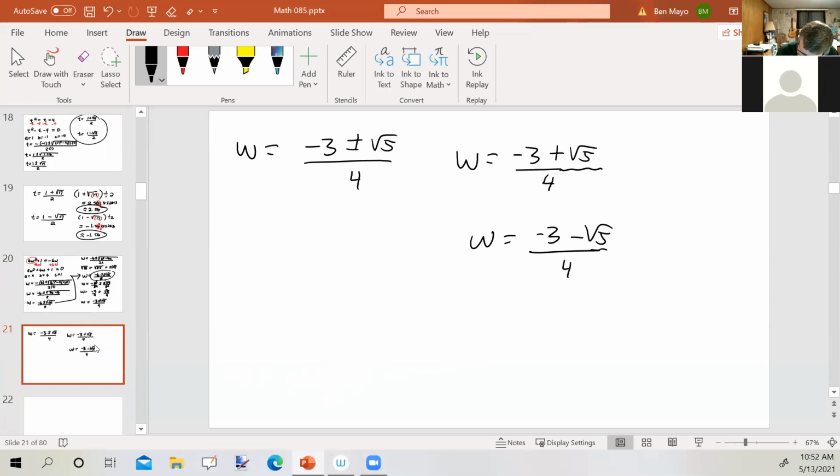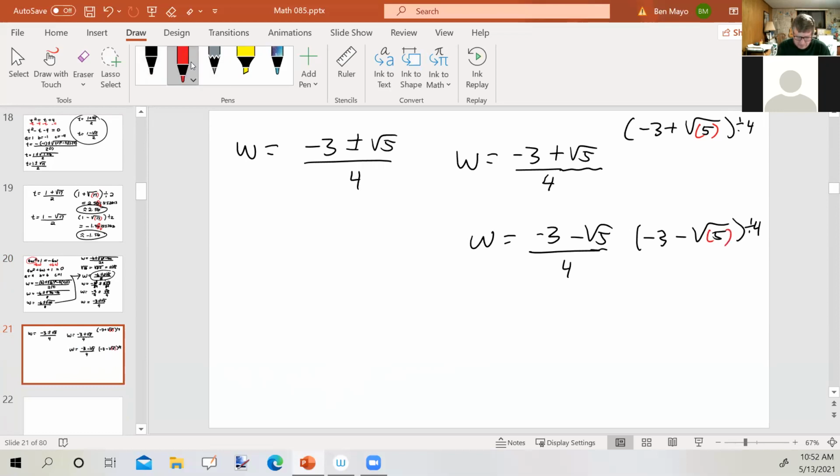And now I'm going to go to the calculator. So again, I'm going to put in parentheses -3 plus the square root of 5 divided by 4, and I'm going to have that extra set there. And then here it's going to be -3 minus the square root of 5 divided by 4. Again, that extra set there.